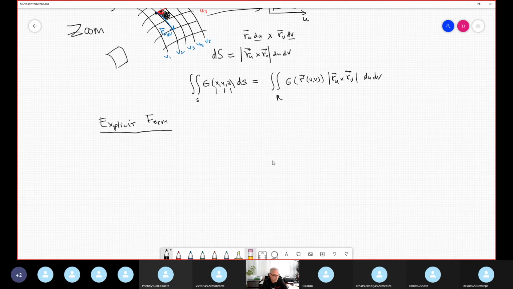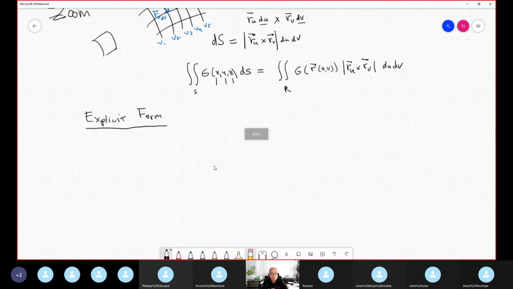The explicit form. In the explicit form, I assume that we have the formula z equals f(x, y). So we have no vector-valued function, we have the equation of the surface, not a vector-valued function like we studied before this lecture.